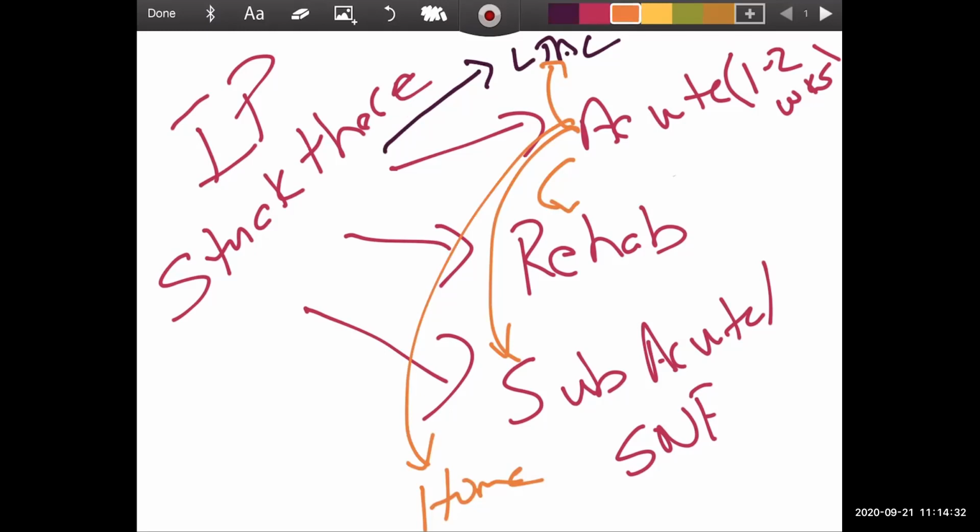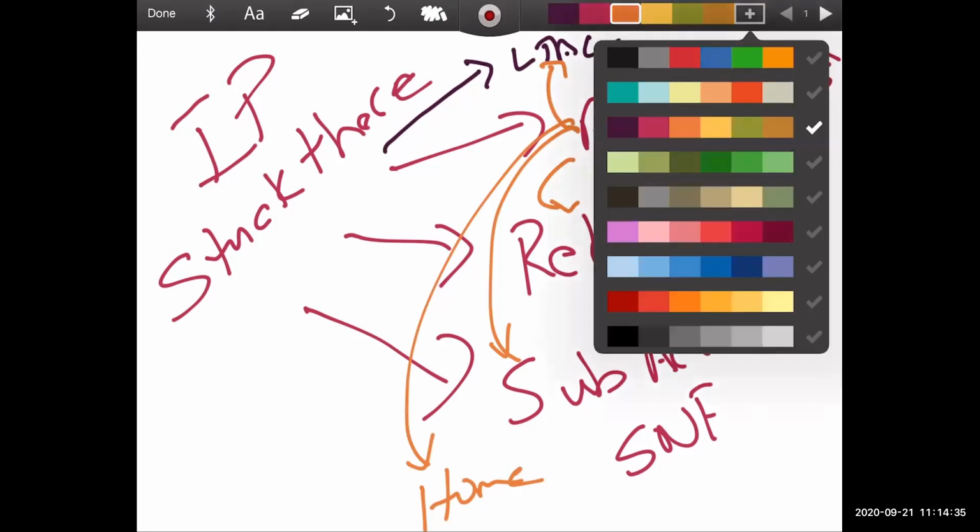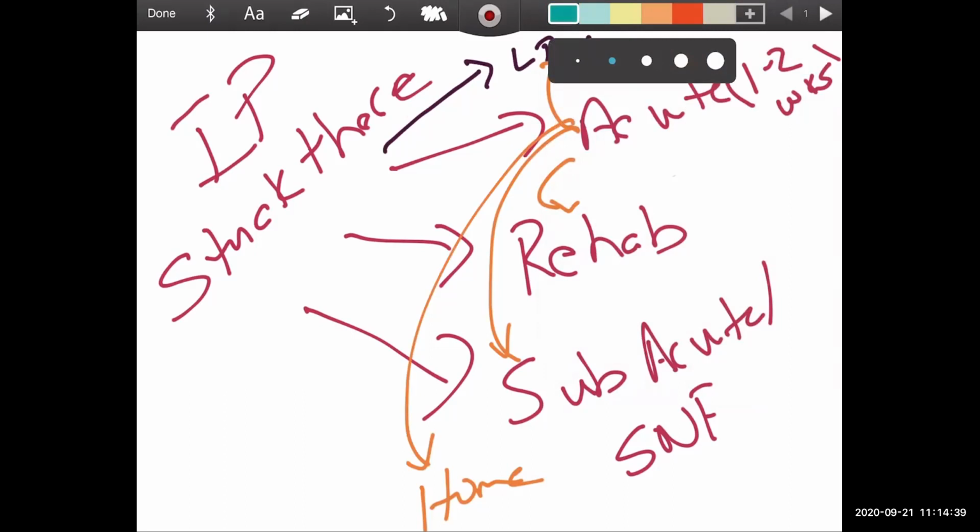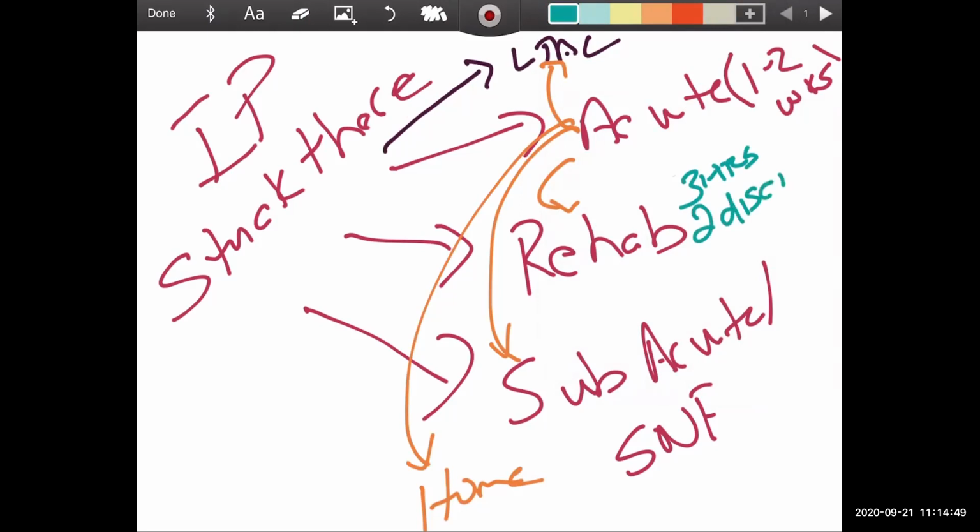In order to qualify for rehab based upon Medicare guidelines, do you remember what the guidelines say? They have to be able to tolerate 3 hours of rehab. Yep. And the other thing is 2 disciplines, meaning they have to have PT and OT, PT and speech, OT and speech, OT and respiratory, something along those lines.